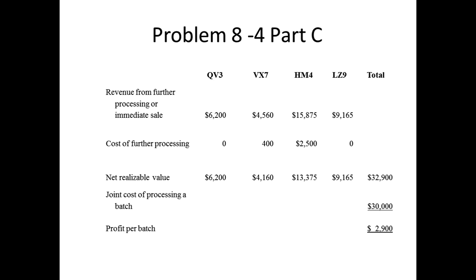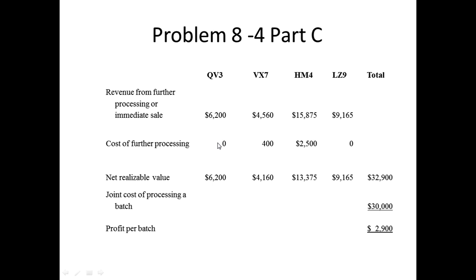Now, in part C, the question is that based on your analysis, should the processing occur? When you take a look at the revenue from further processing or immediate sale, you end up with a net realizable value in total of $32,900, ending up with a joint cost of processing of $30,000 a batch.